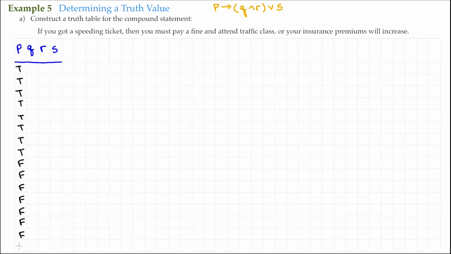This way we can easily keep track of what we've already filled in. For the next simple statement, we do the same pattern except we cut it in half. Rather than the first 8 being true, the first 4. Then the next 4 will be false.